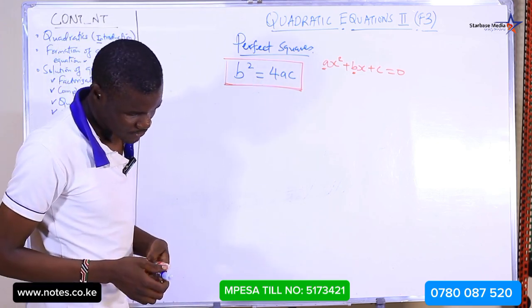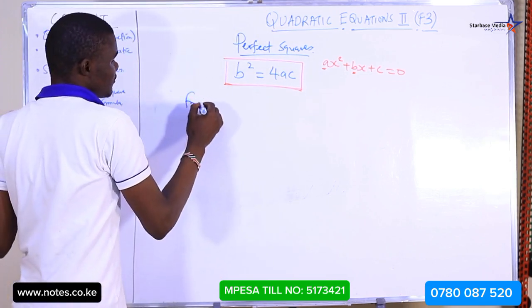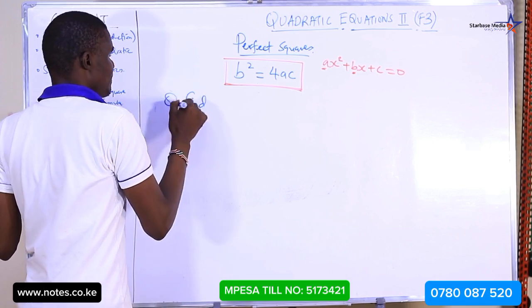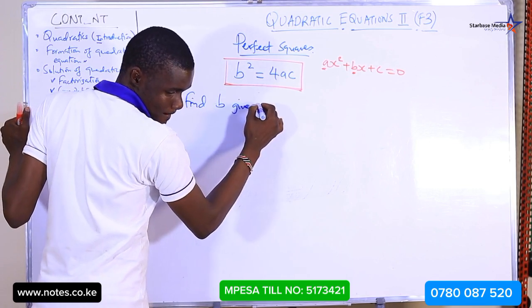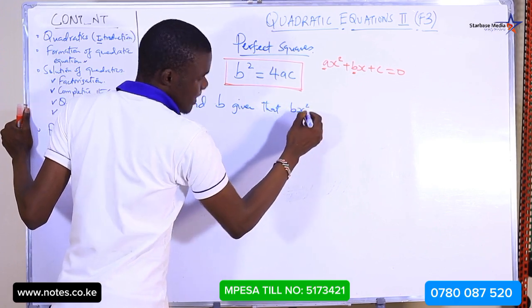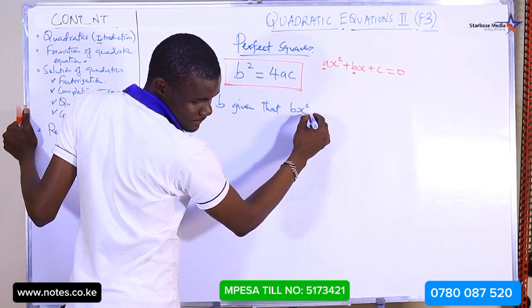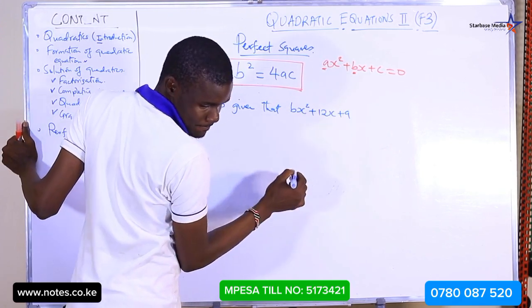For example, you can be told to find b given that bx squared plus 12x plus 9.